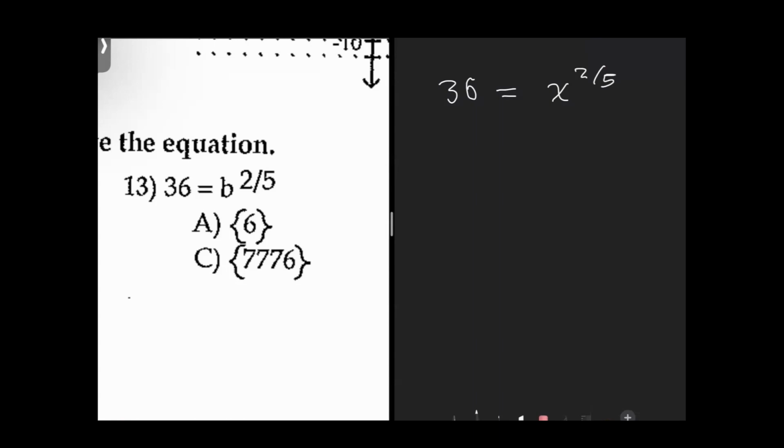And our goal is to get x by itself. So the property we're going to use, we're going to take the exponent of the reciprocal. So reciprocal means flip of the fraction. So instead of 2 over 5, we'll have 5 over 2. And you do it to one side, you do it to the other.